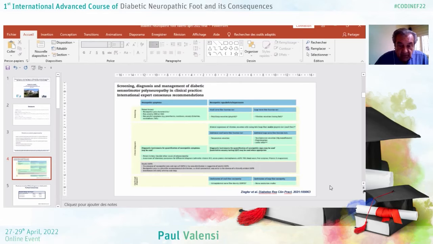This is for small fibers, and for large fibers, vibration sensation thresholds are impaired, and also abnormal ankle reflexes, proprioception, and pressure sensation may be impaired. And for all of these symptoms and deficits, we may quantify and perform what is called quantitative sensory testing.